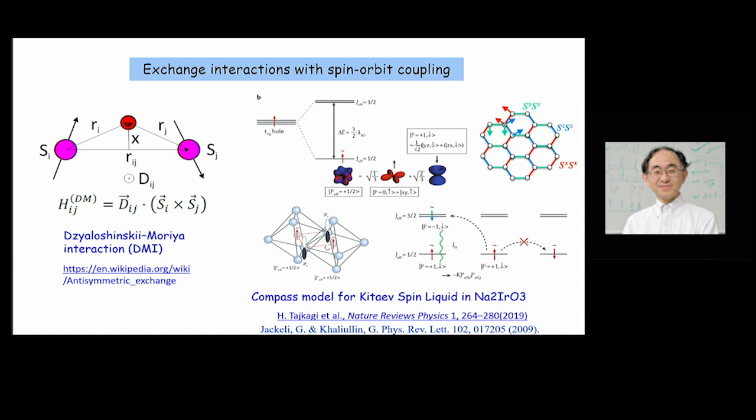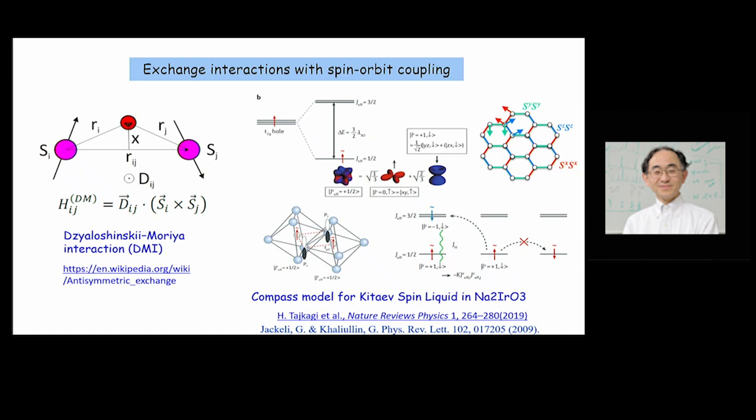But once you consider the spin-orbit interaction, the exchange coupling becomes even more interesting, right? The most famous one is the so-called Dzyaloshinskii-Moriya interaction, which is antisymmetric between spin i and spin j. This comes from the spin-orbit interaction between the spin i side and j side, and these two spins tend to be tilted from the parallel or antiparallel configuration because of this interaction.